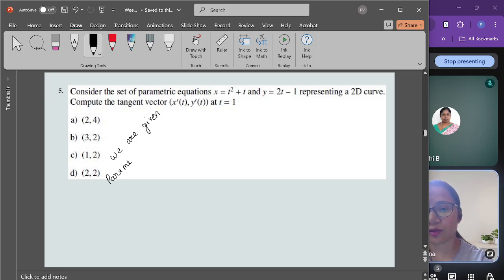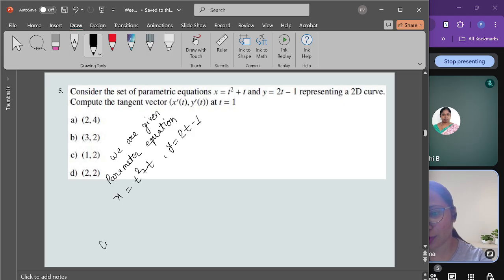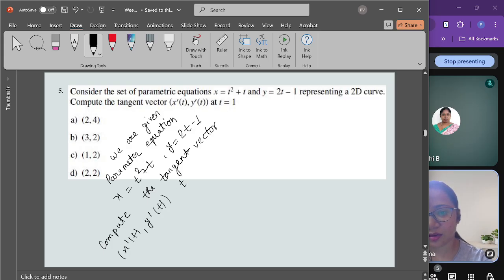So here I am also solving. That is x is t square plus t and y is 2t minus 1. Now we are asked to compute the tangent vector, that is x dash t and y dash t, at t is equal to 1.